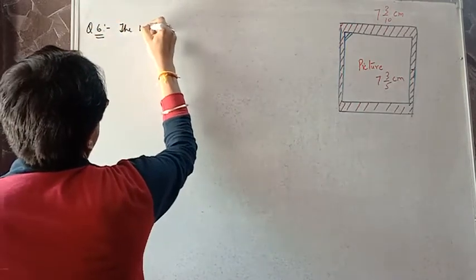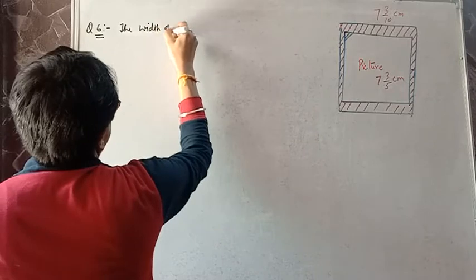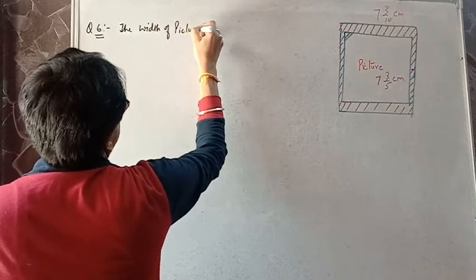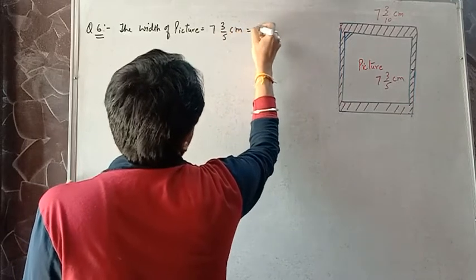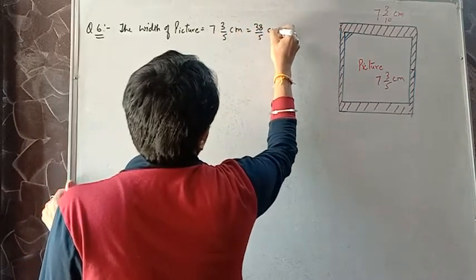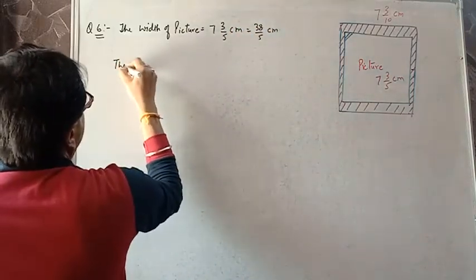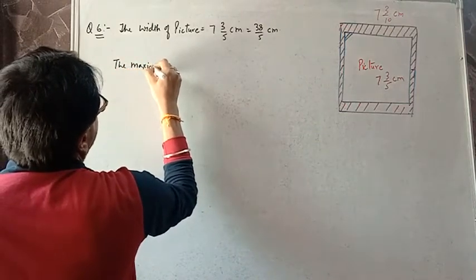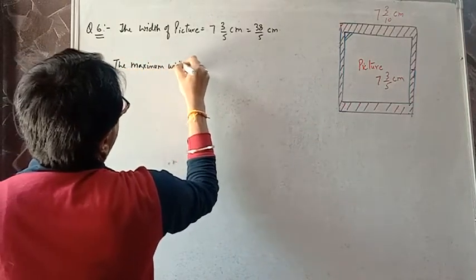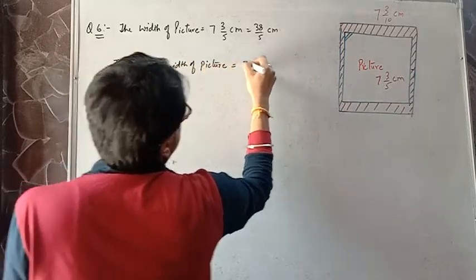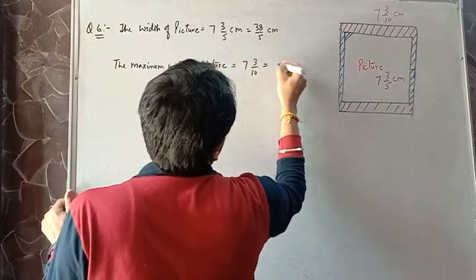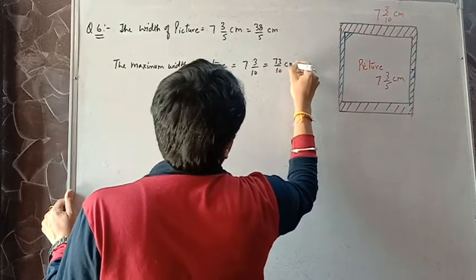Question number 6. The width of the picture is 7 3 by 5 centimeter, that is 38 by 5 centimeter, and the maximum width of the picture is 7 3 by 10, that is 73 by 10 centimeter.